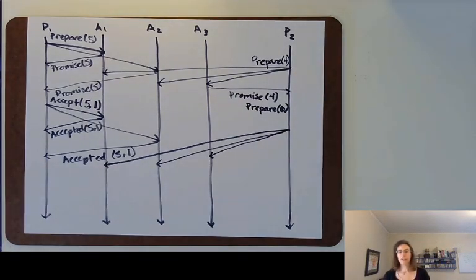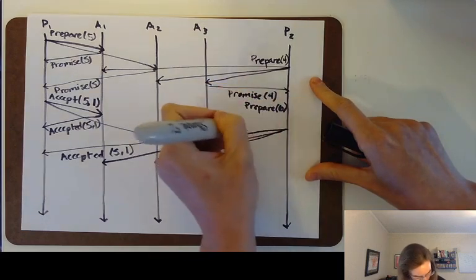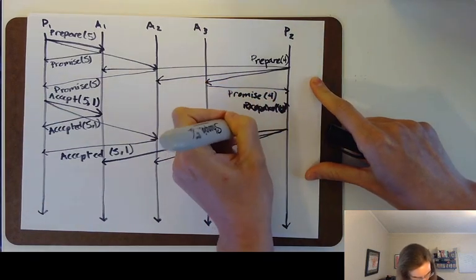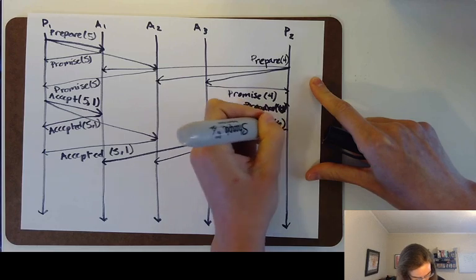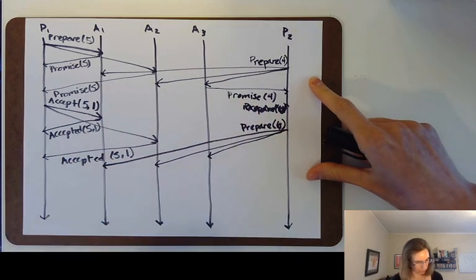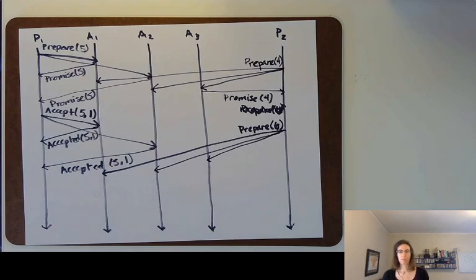So what happens now? Have any of them promised to ignore requests with a proposal number of 6? Sorry, this prepare 6, this should have gone here. Have any of these acceptors promised to ignore requests with a proposal number of 6?